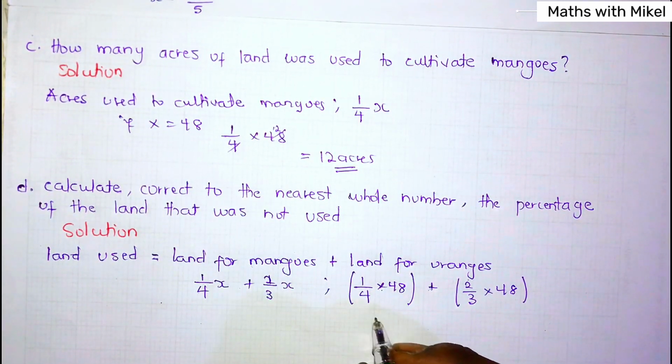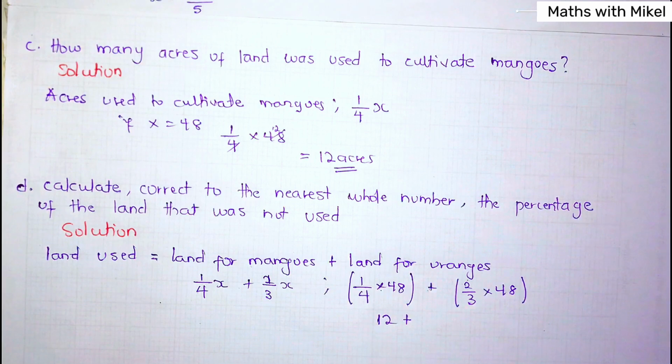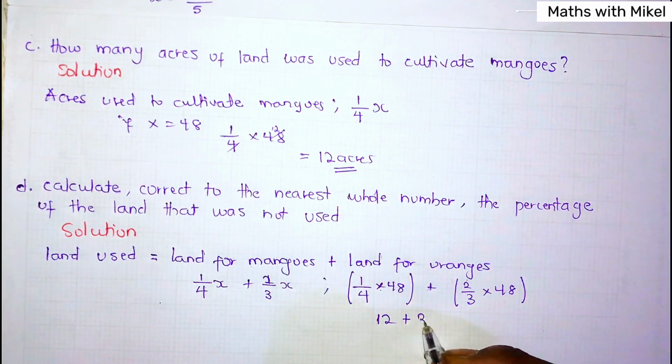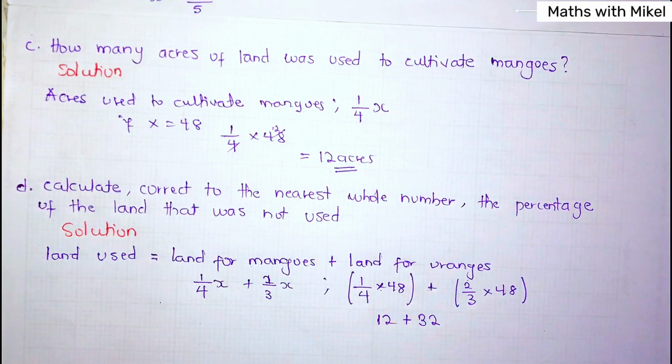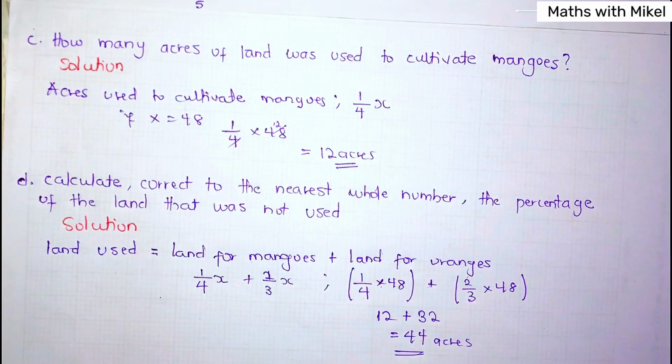And this gives us 12 plus 3 into 48, 16 times 2, 32. So this will be 44. So 44 acres of land was used.